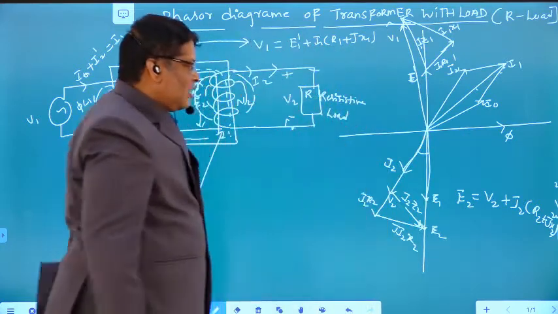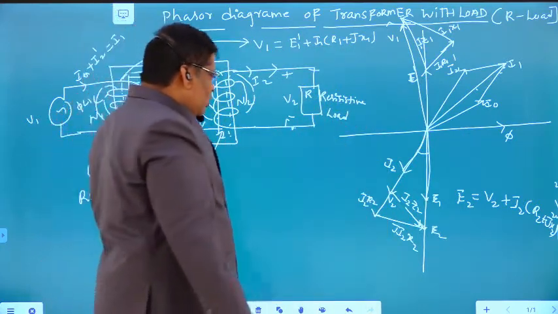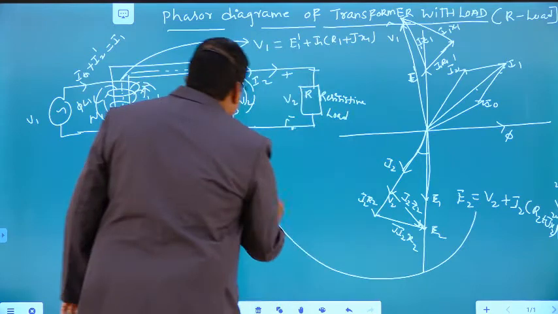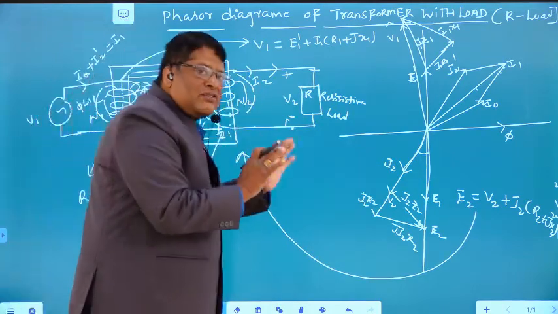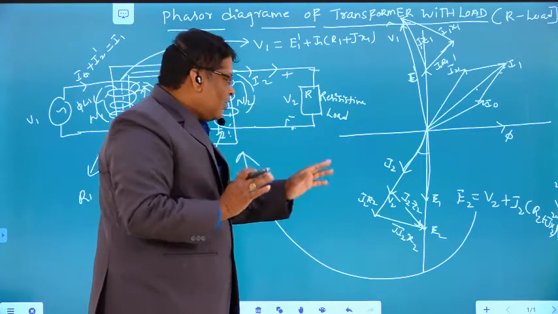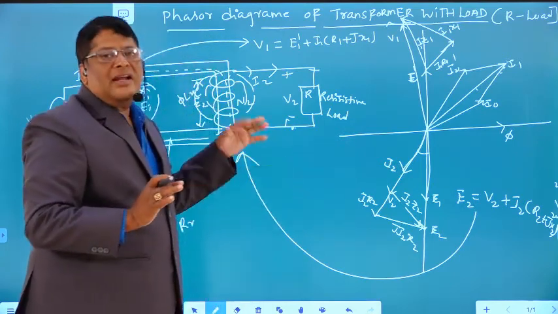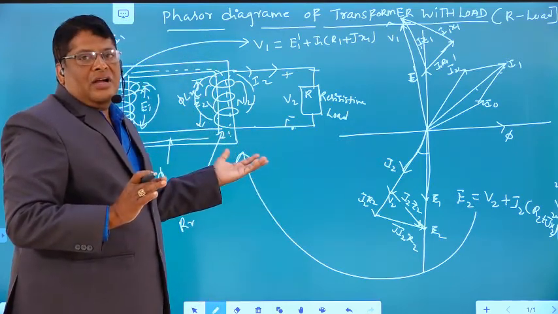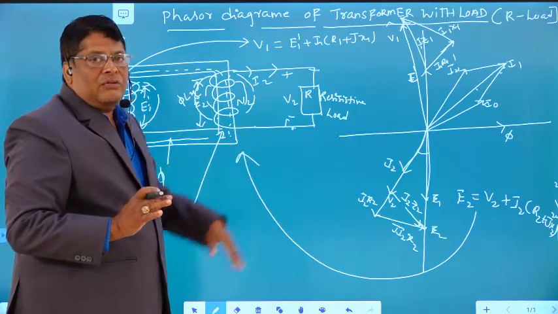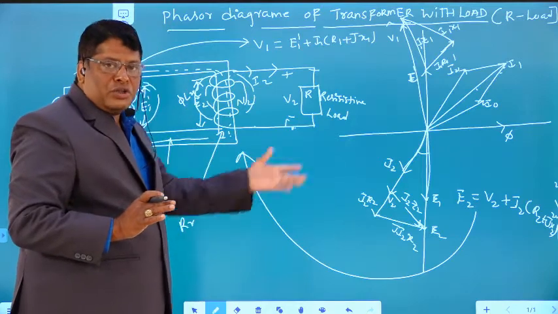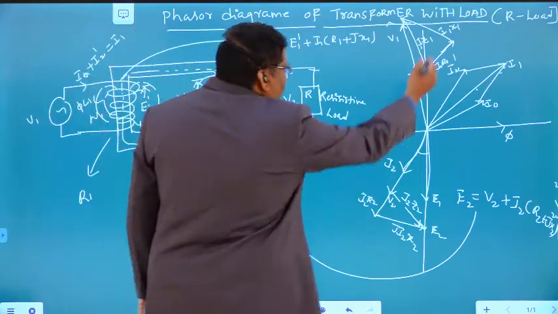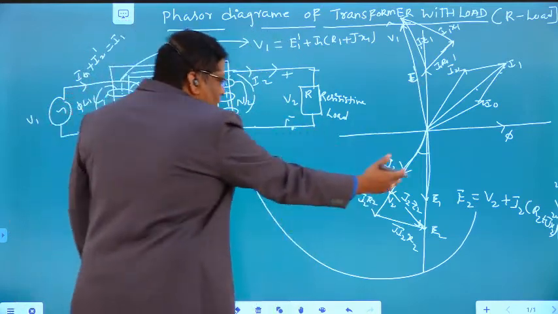This is the voltage equation for the secondary winding. We get the same equation. Only the placement of the phasors changes a little bit with a lagging load, unity power factor load and leading load. In the previous case you have seen the lagging load. This is for the resistive load. This is the voltage equation.